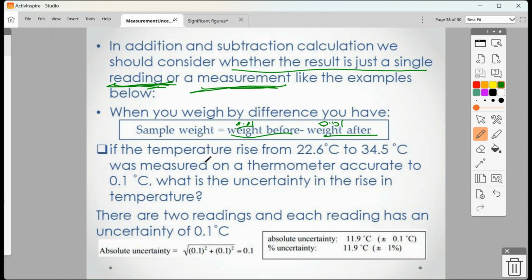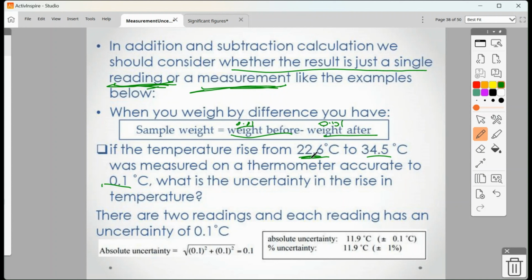Another example is this one. If the temperature rises from 22.6 degrees Celsius to 34.5 degrees Celsius, we want to find the change in the temperature. Our uncertainty is 0.1.